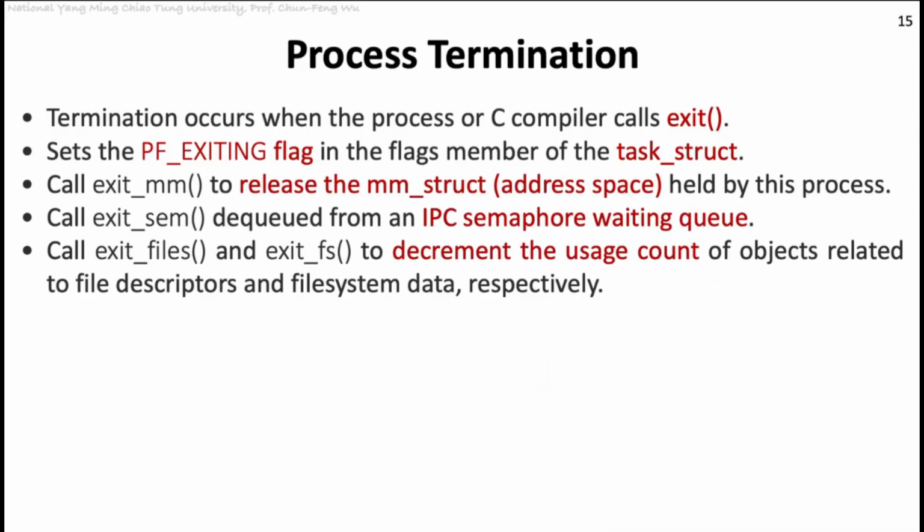When the process is dead, if it doesn't release its semaphores, it may become a deadlock and other processes cannot use the resource. The third one is files, which is quite special here. It only decrements the usage count of the object related to the file descriptor, because files can be shared between a lot of processes. If one day the usage count becomes 0, then we remove the link.